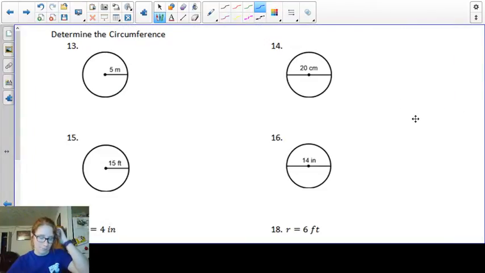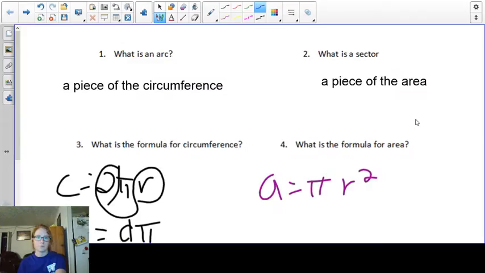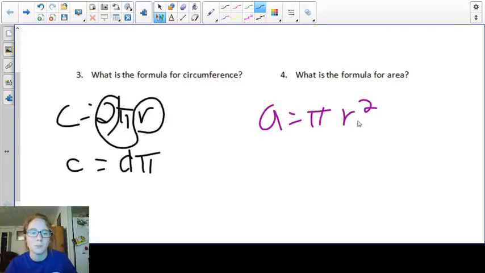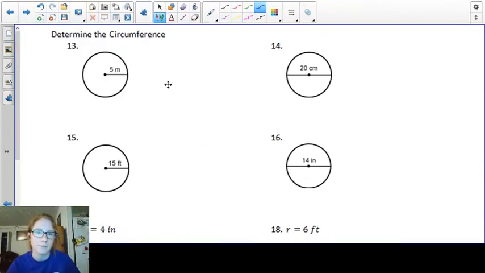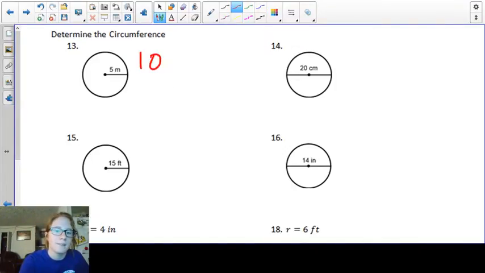Alright, on these ones we're going to go ahead and determine the circumference. So if you recall from slide number 1, what is the formula of the circumference? We either need 2 pi r or diameter times pi. So we have the radius, so if we multiply that by 2, we have 10.